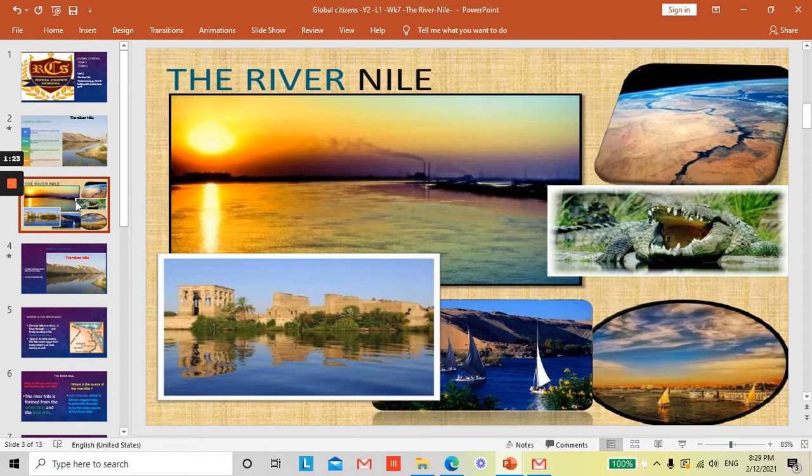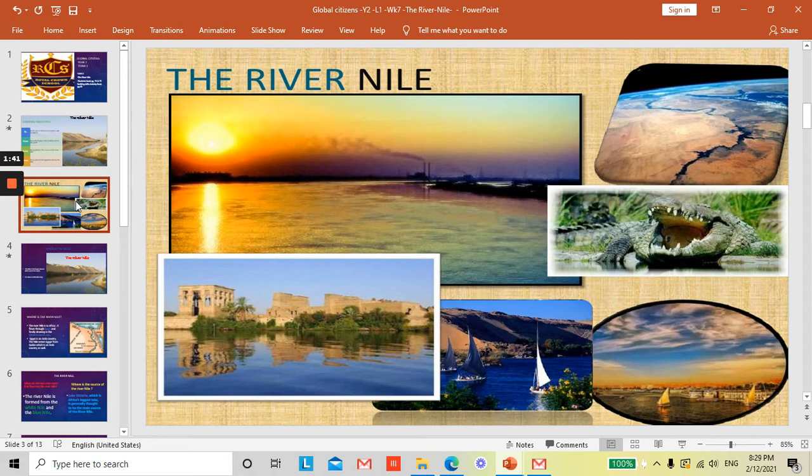Also, rivers are important for farmers because farmers use water to irrigate their crops. And also we get food from the river, like fish.